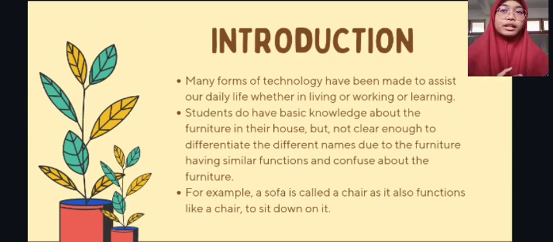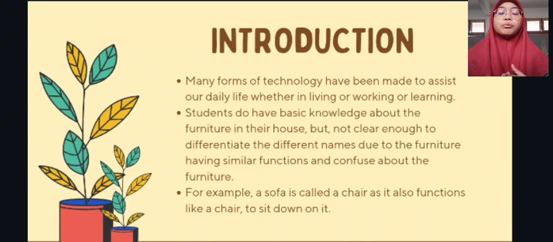So I have an idea where the students will have at least basic knowledge about furniture, either from their family, or from watching TV, watching YouTube, or watching videos on the phone. So it is from anywhere.